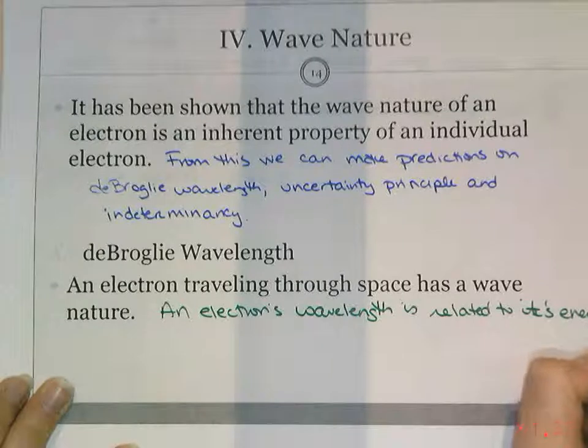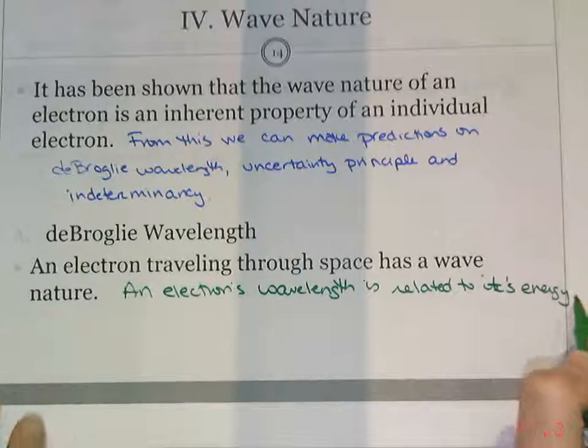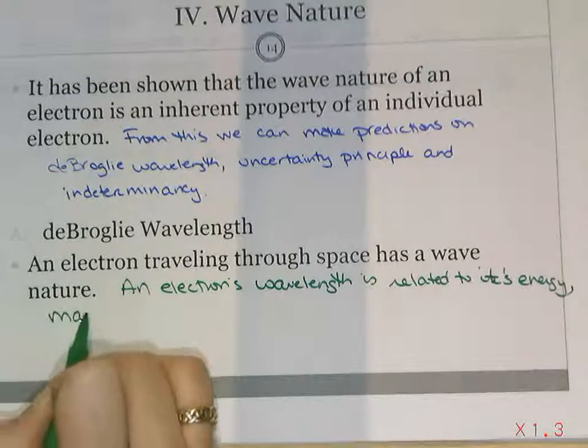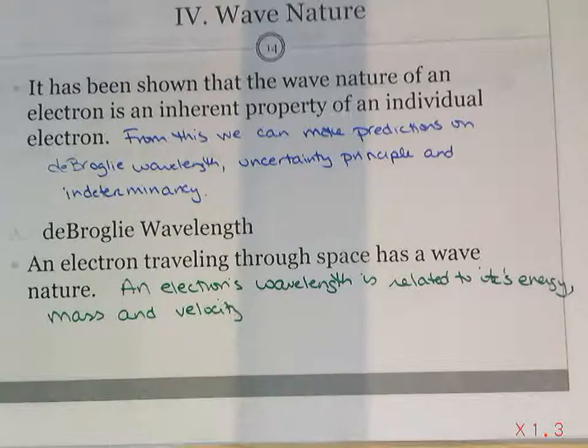right, like we talked about earlier, energy and wavelengths are related. And they're moving through space. So it's related to its energy, comma, its mass, and its velocity.